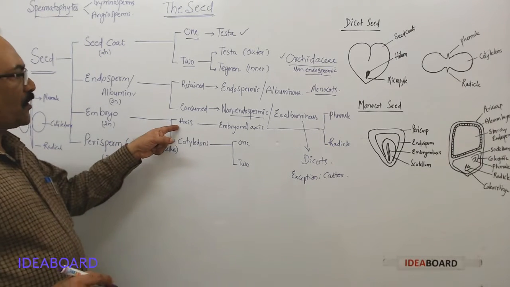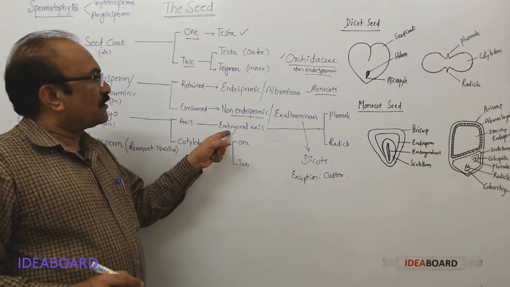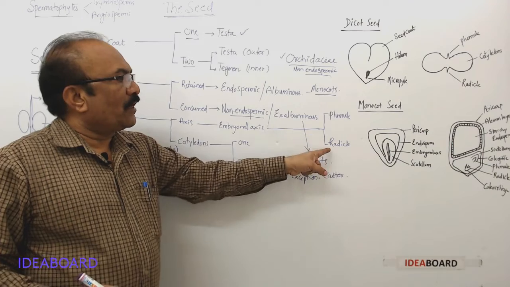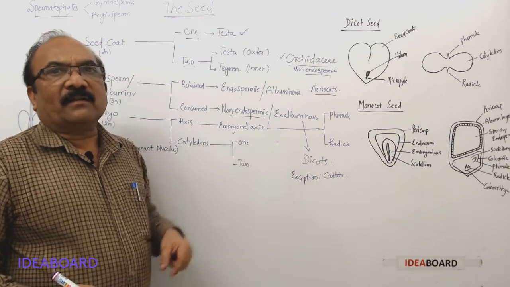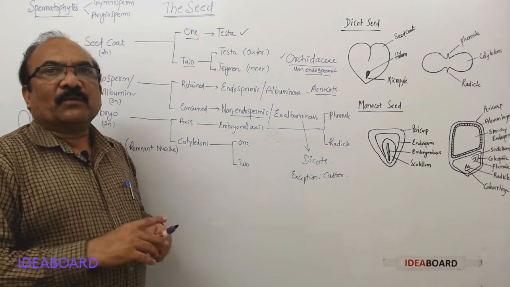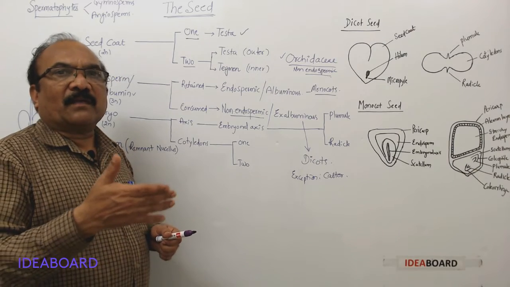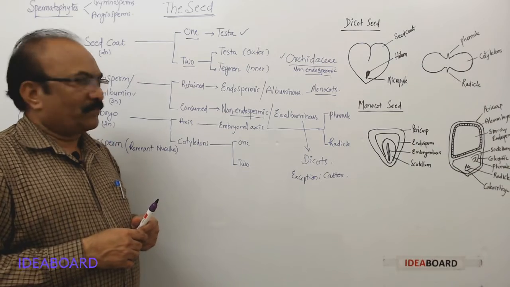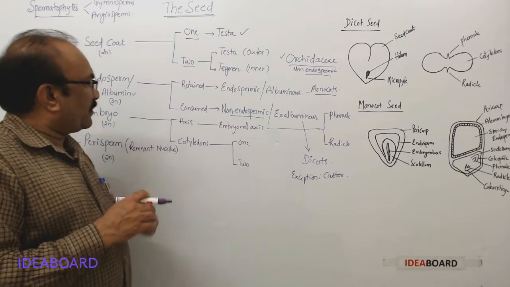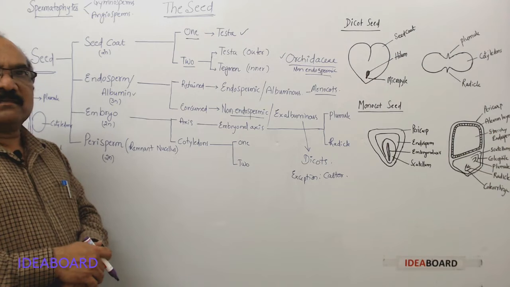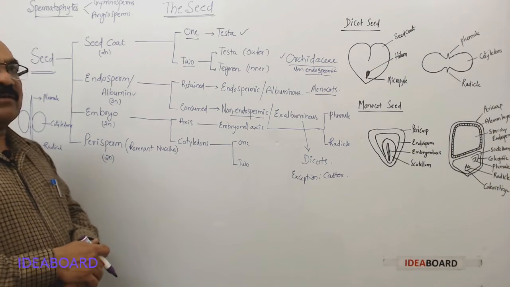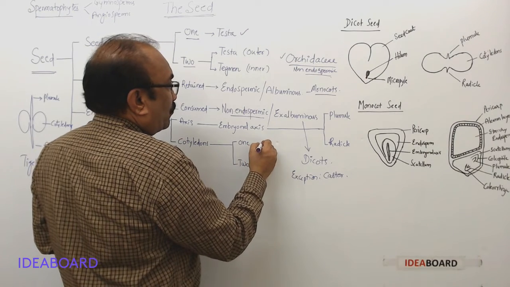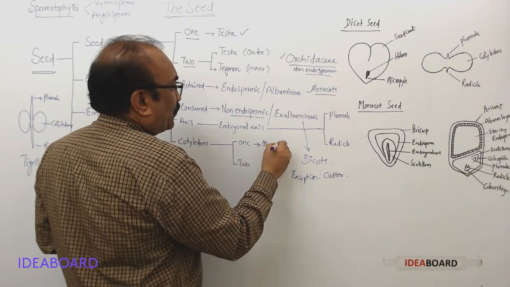So the same thing I wrote here. The axis is called embryonal axis or tigellum, and it will have plumule and the radicle, and we know that the radicle will develop into root system at the time of germination, while plumule will develop into the shoot system. And when it comes to the number of cotyledons, some will have one cotyledon, and these are called monocotyledonous embryo.